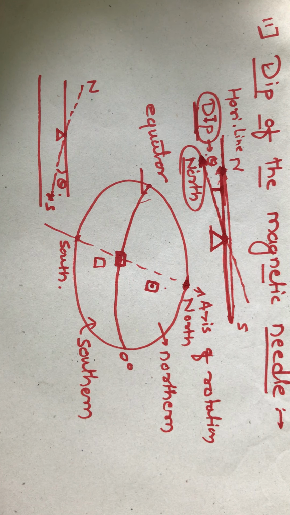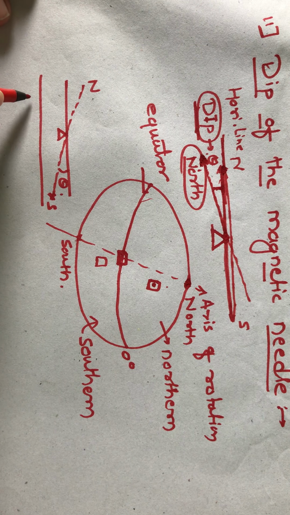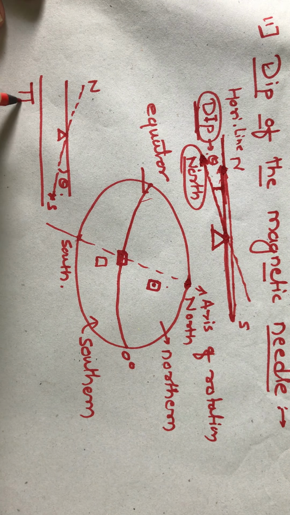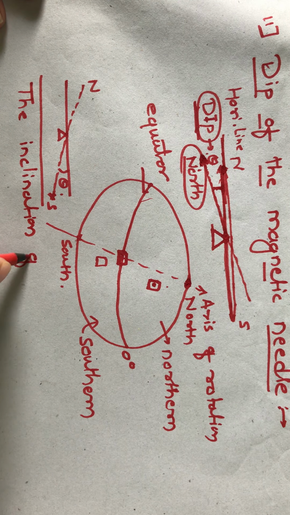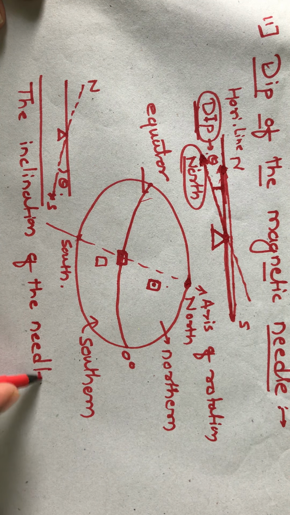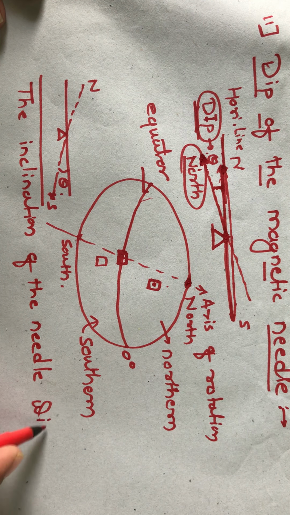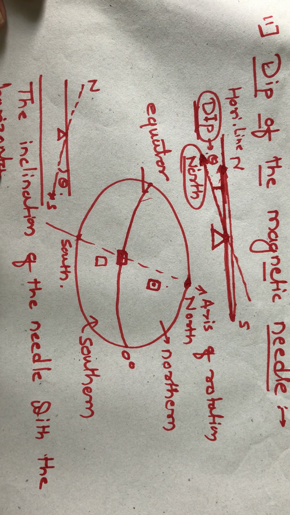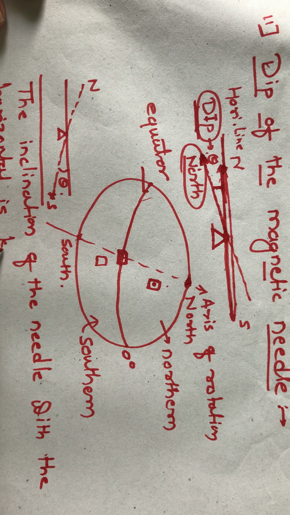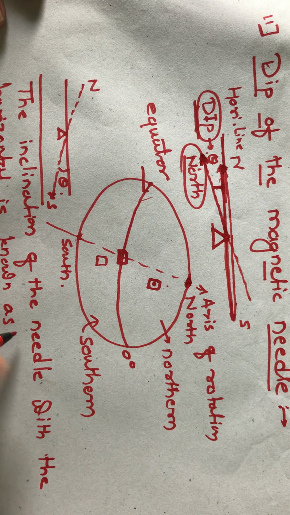The inclination of the needle with the horizontal is known as the dip of the magnetic needle. Simple.